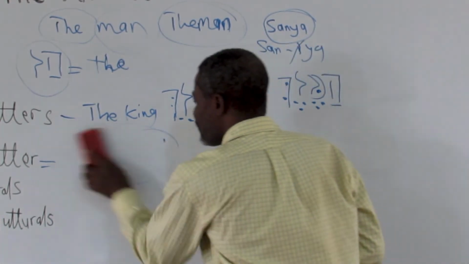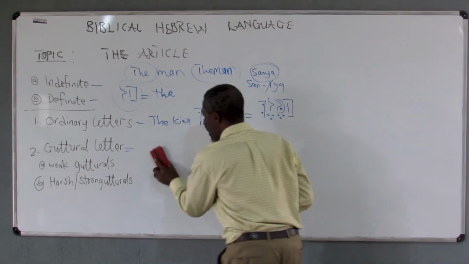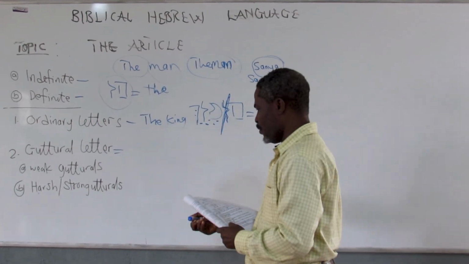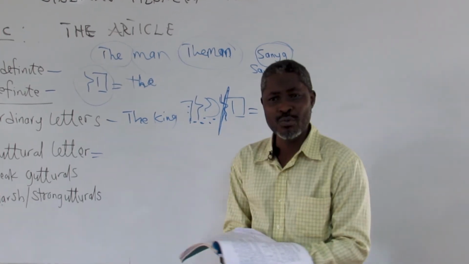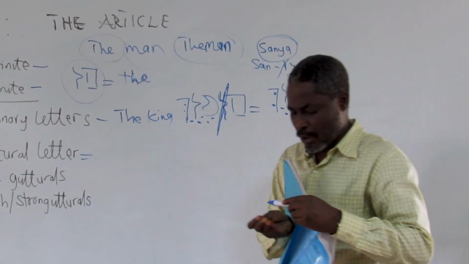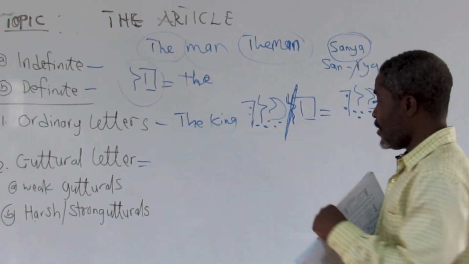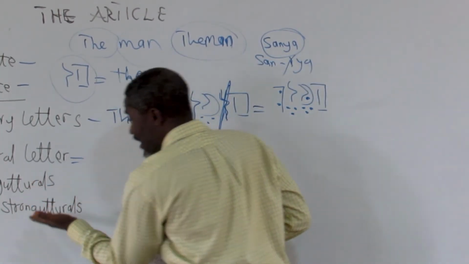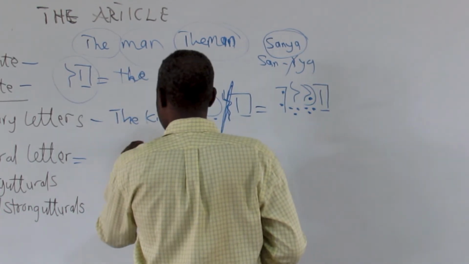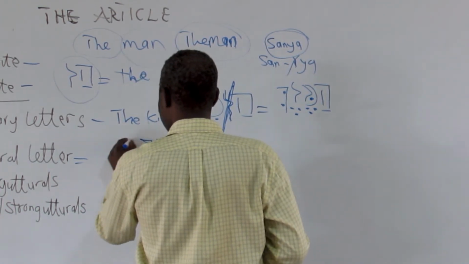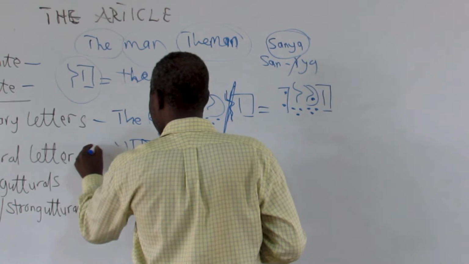There is something else that occurs, and this also has to do with what kind of guttural. Because when you talk of guttural letters, you have weak gutturals and you have strong. So we have Aleph, He, Het, Ayin, then Resh acts like them.